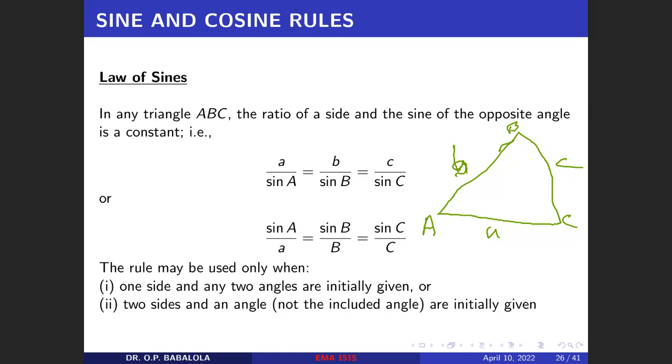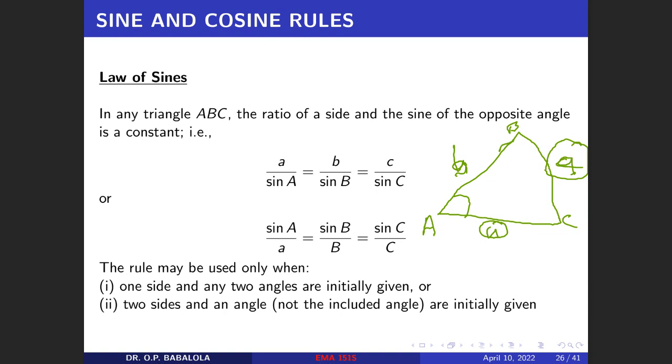When you have the ratio of one side, let's say we're picking this side C, and the sine of the opposite angle is always a constant. I think this should be A. I've not represented this correctly.